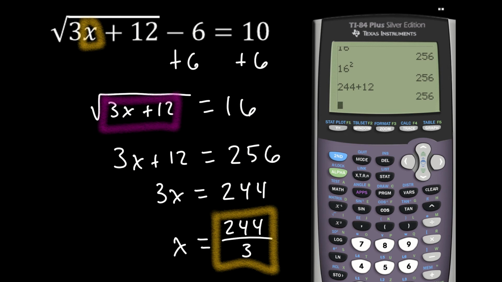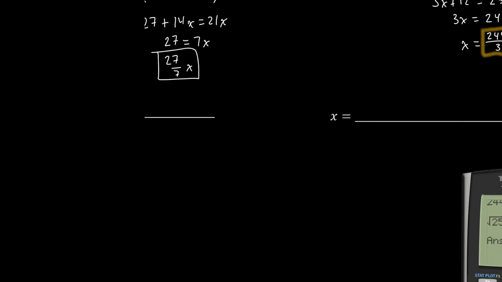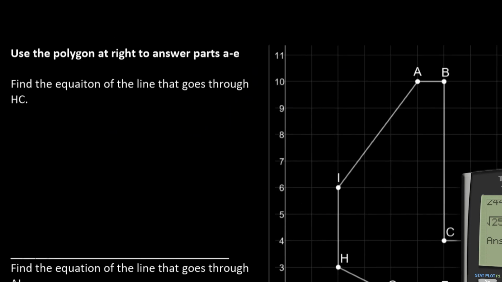So I'm going to say second square root of 256, and then after I take the square root of that, I need to subtract 6, and when I do, I get 10. Perfect, right? So x is 244 over 3. All right, I think we're moving on to our second to the last page.